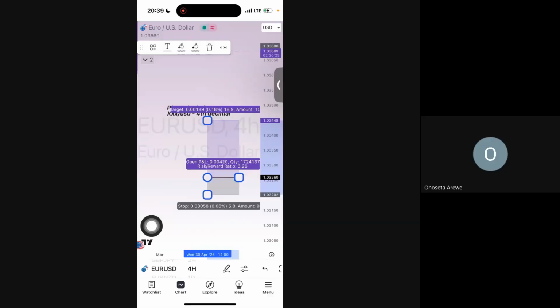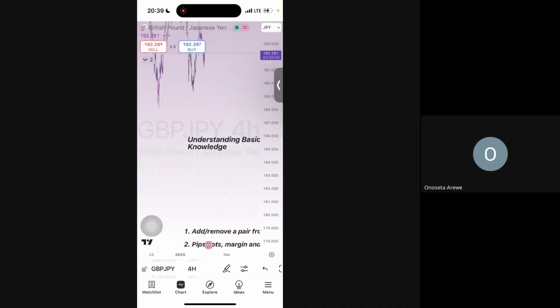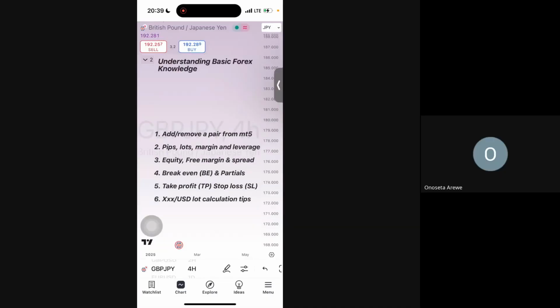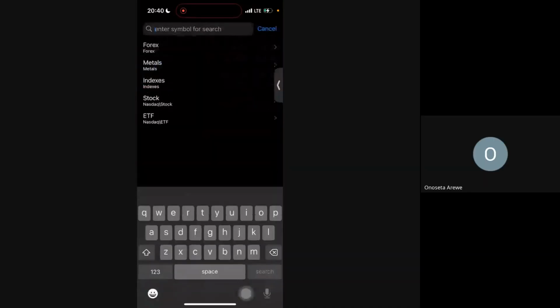Now we have JPY pairs. Let me go back to my GBP JPY. Okay, now I have to look for whatever I typed earlier. Okay, here we are. Now for JPY pairs, calculation is from the second decimal place.